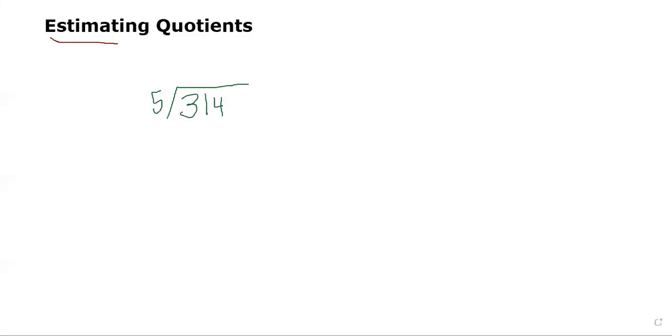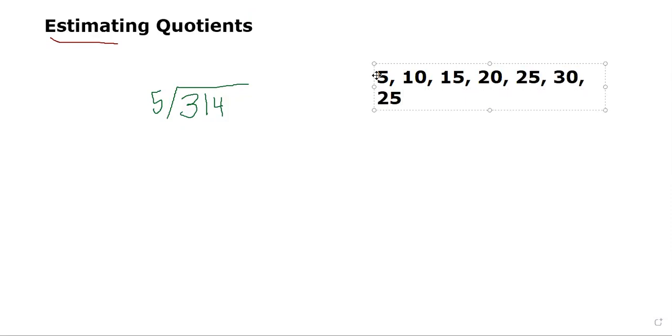First step, find your multiples of 5. So on your paper, go ahead and list the first, I'd say 6 or 7 multiples of 5. You should have written down 5, 10, 15, 20, 25, 30, 35.